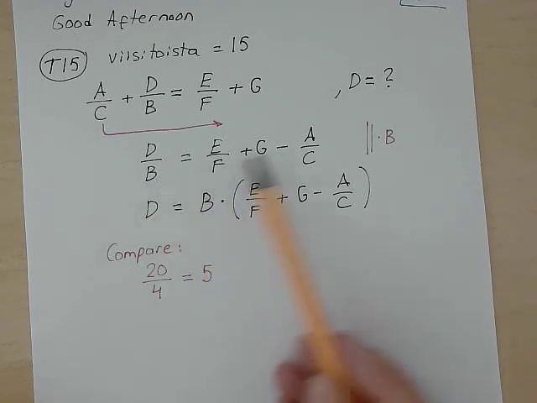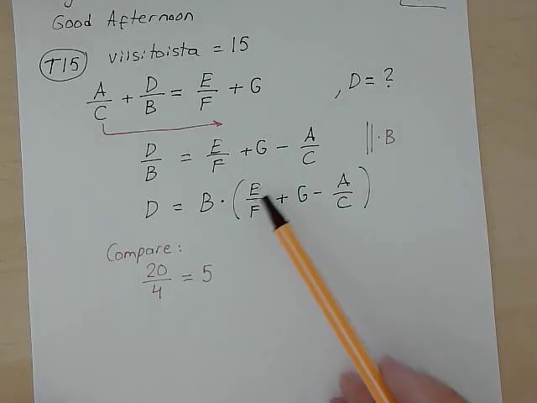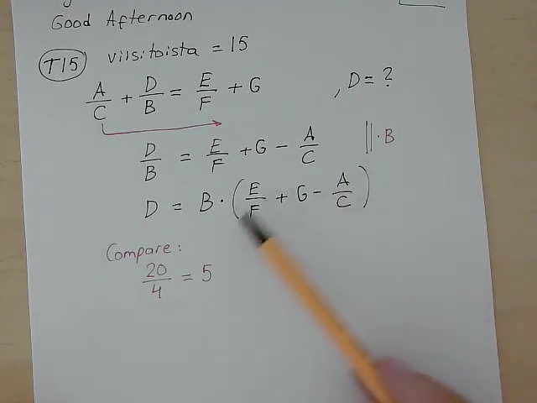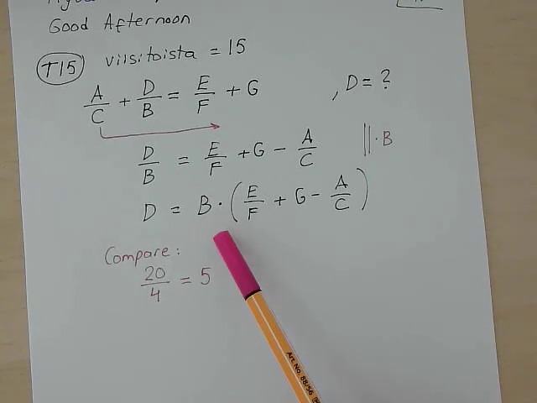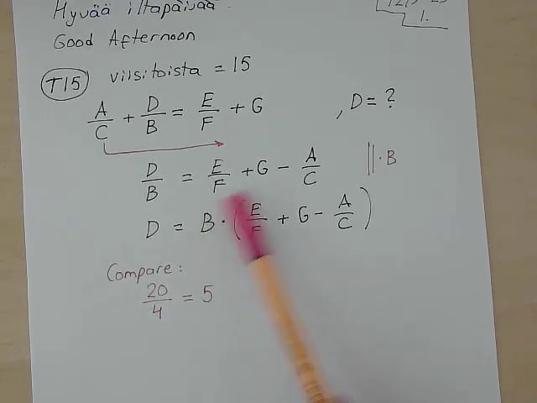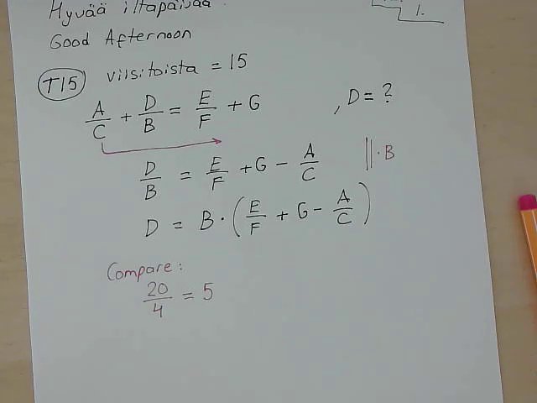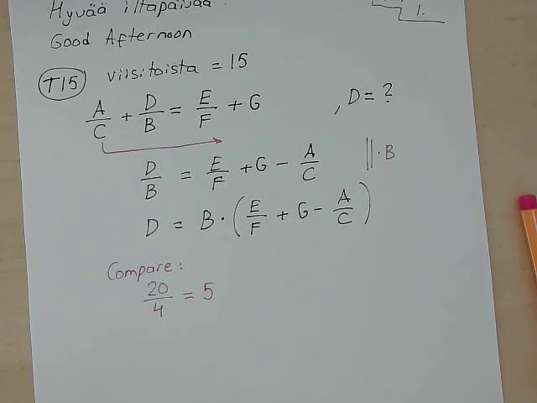We multiply b with this expression. And as I said, it's okay for me to leave those brackets. I don't think it is simpler if you open these parentheses by multiplying with b. It only becomes a more nasty expression.